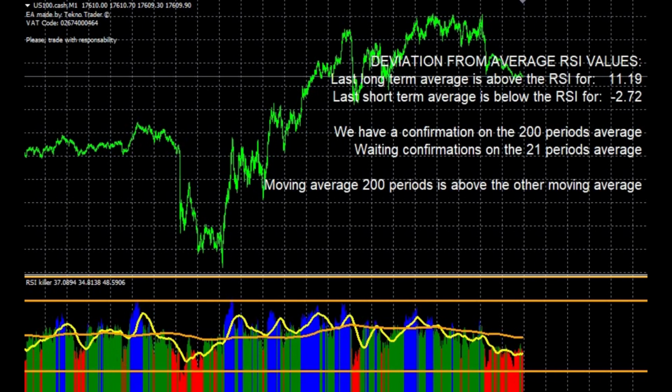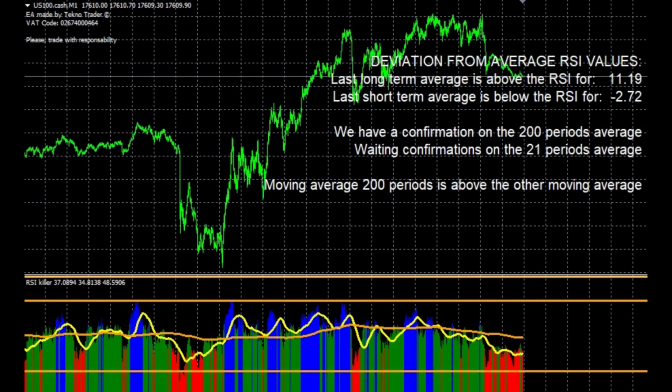So we can see that the last long-term average is above the RSI by 11 points. So there is a distance of 11 points from the 200 periods average calculated on the historical data of the RSI and the RSI. Like we can see here, the 200 periods is above the actual RSI.